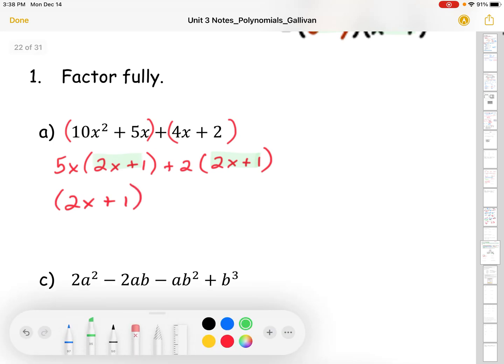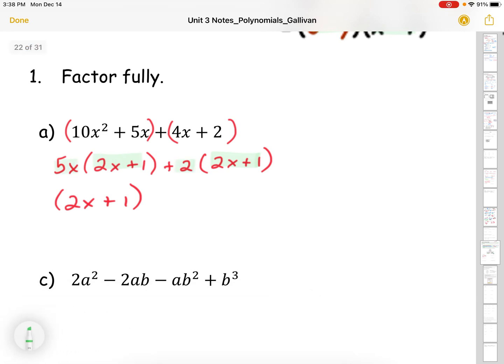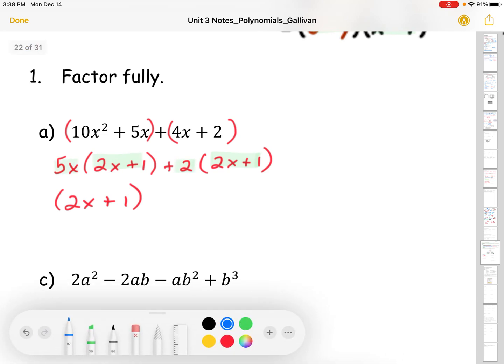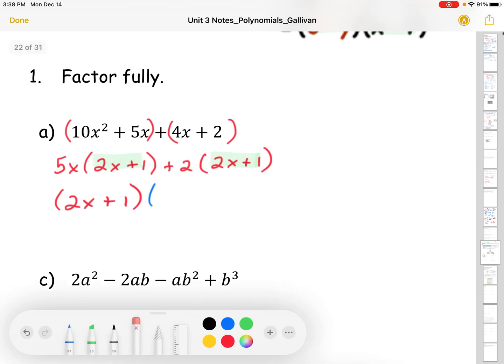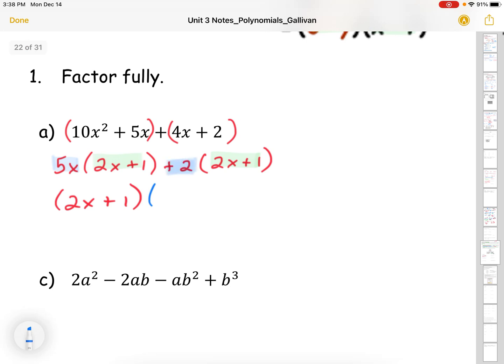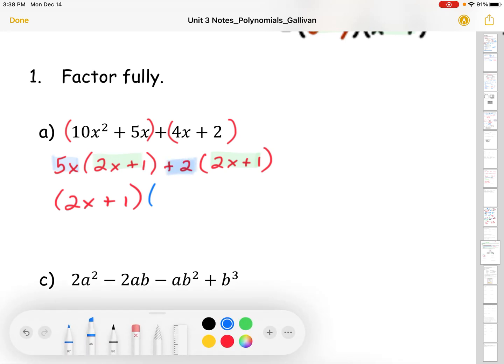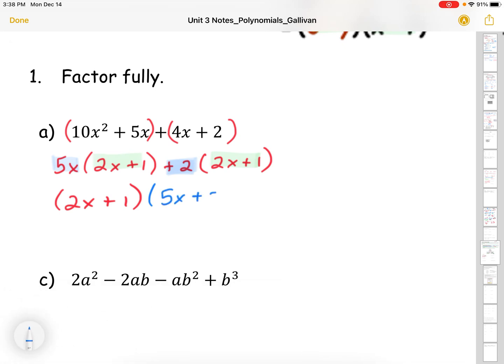Now the remainder is what the other bracket will be. I want to make it blue so you can see what it matches. So this will be 5x plus 2. 2x plus 1 times 5x plus 2.